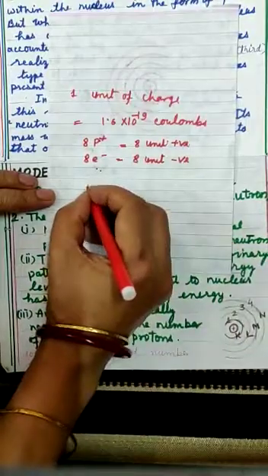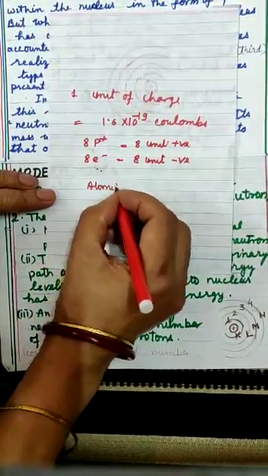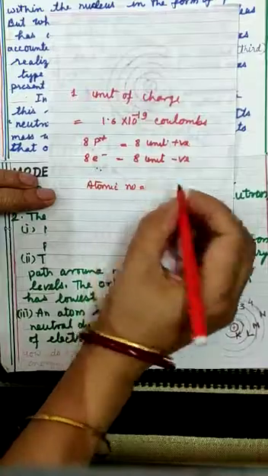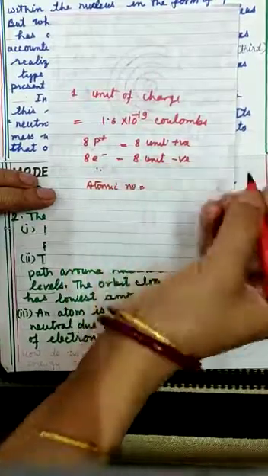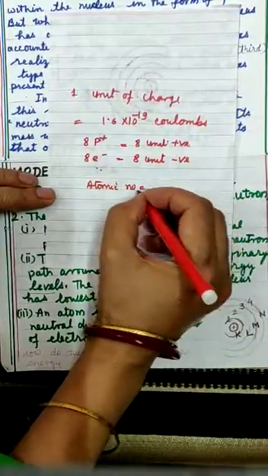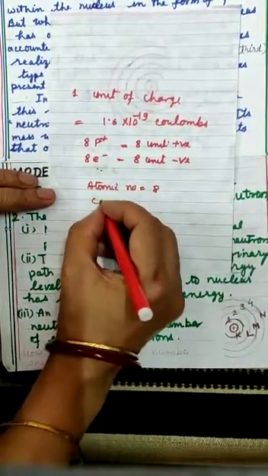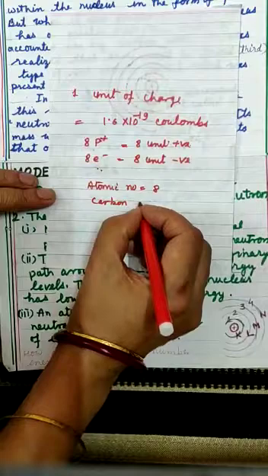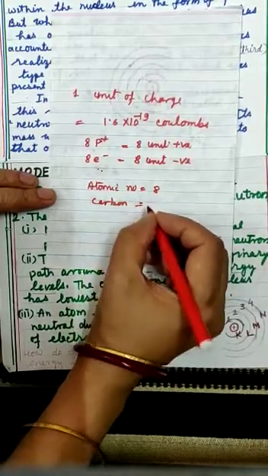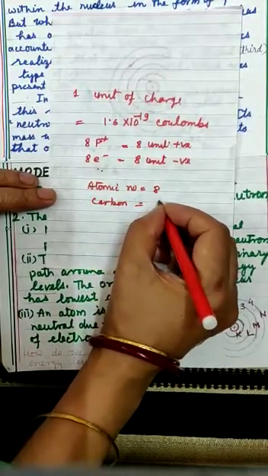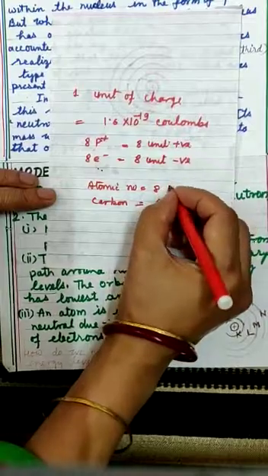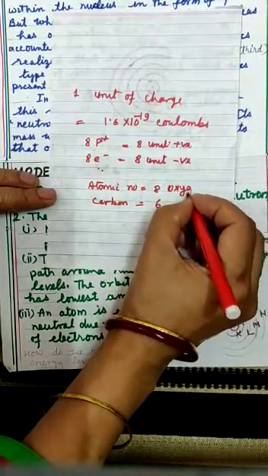For example, the atomic number, that is the number of protons, for oxygen is 8. But for carbon, it cannot be 8 ever. It will be something else. Like for carbon, the atomic number is 6. Oxygen's atomic number is 8.